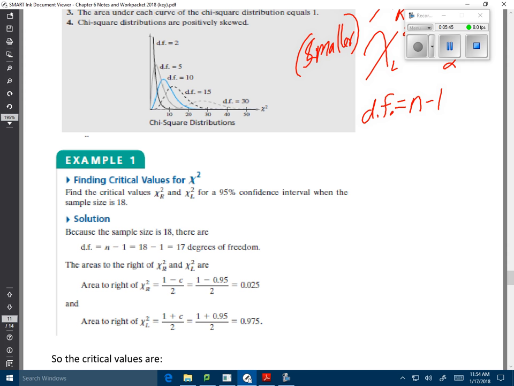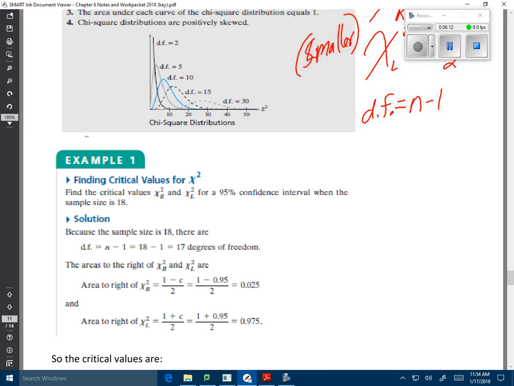Now what I need you to do is get your distribution table out. Ms. Jack, hit pause for a minute if you want. Now that you have your distribution table out, please go to table 6. This is where we actually use the distribution table.